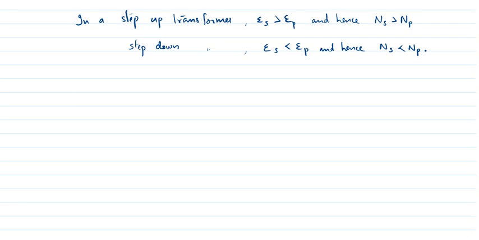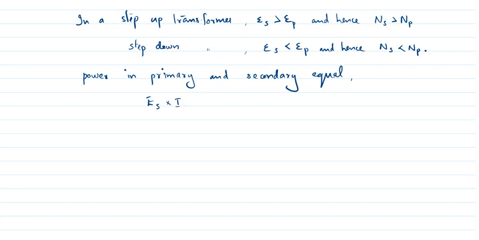Now we will find out the current in the primary and secondary, and how they are related to the number of turns in the coils. Let I_P and I_S be the currents in the primary and secondary at any instant. Then the power in the primary and secondary will be equal, so we can write E_S into I_S is equal to E_P into I_P.